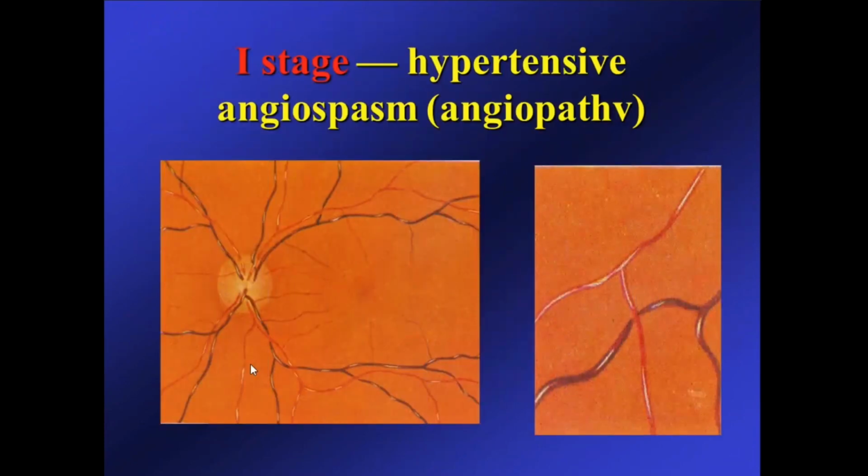On this picture, you can see the examples of the first stage, hypertensive angiospasm or angiopathy. You can see just constriction of the arteries.